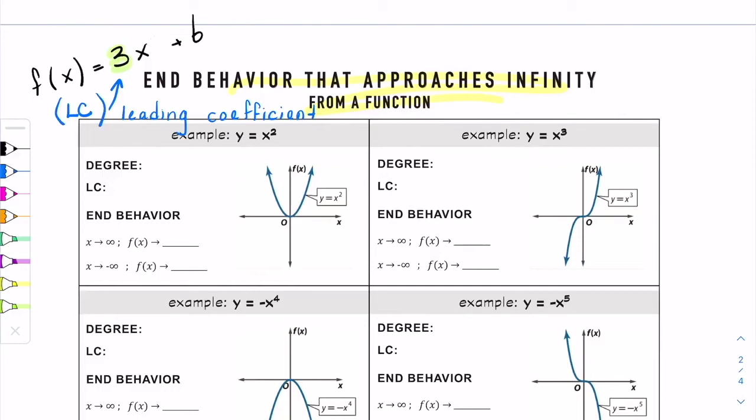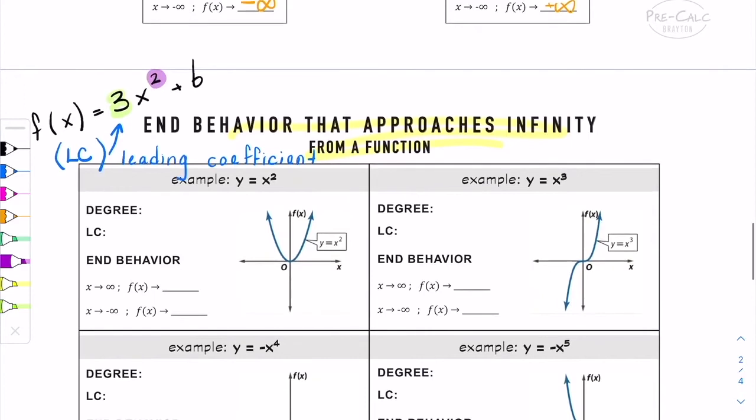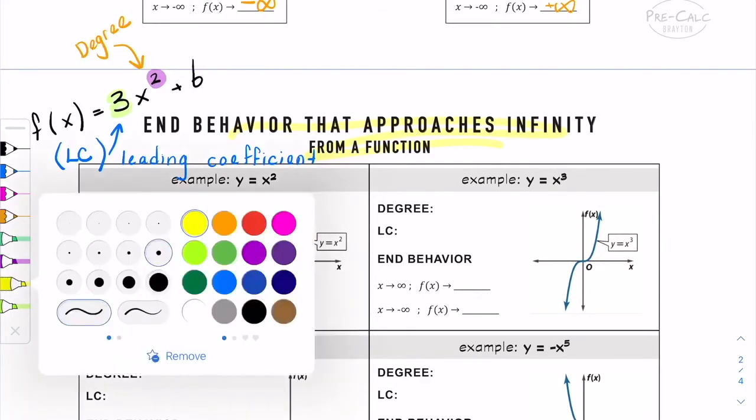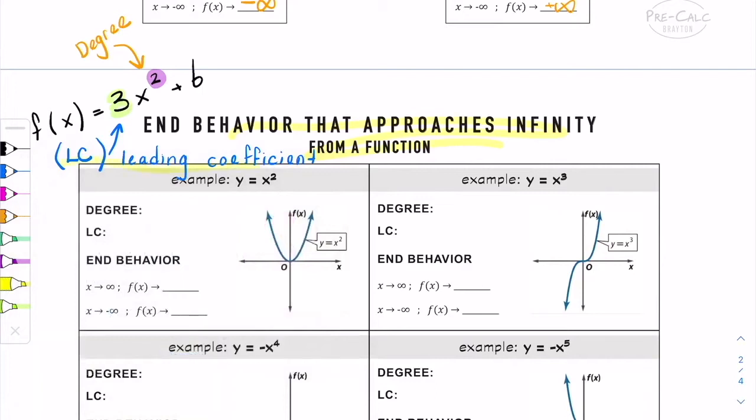This number right here is called the degree, and the degree is always the largest exponent. Knowing what the leading coefficient and the degree are will tell us what the end behavior is.